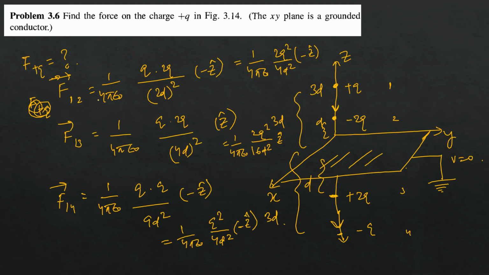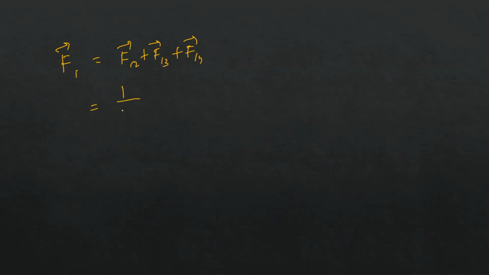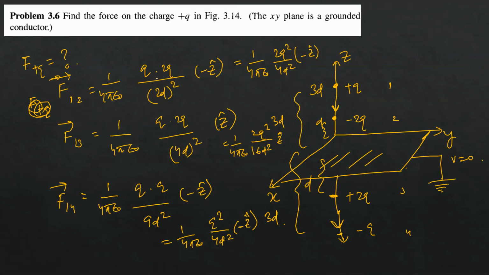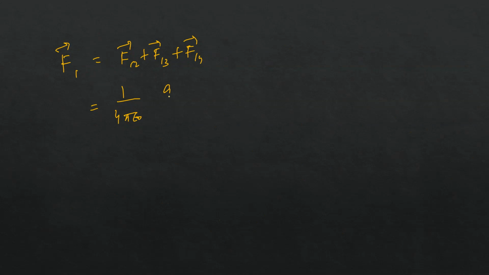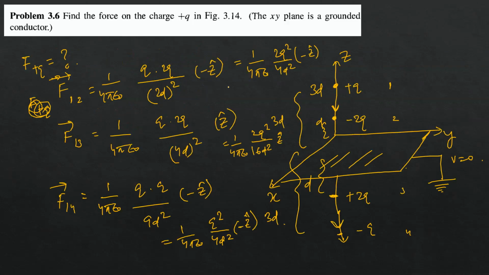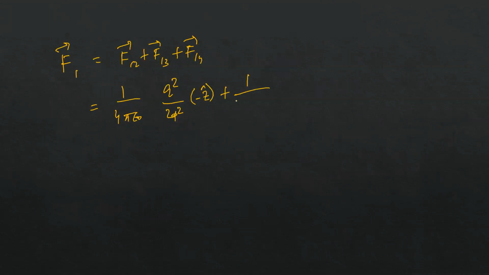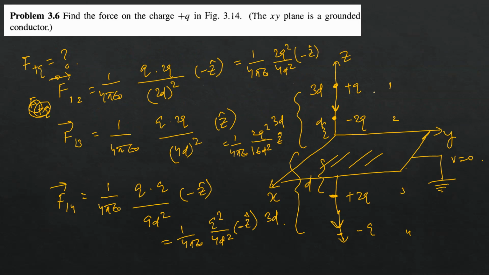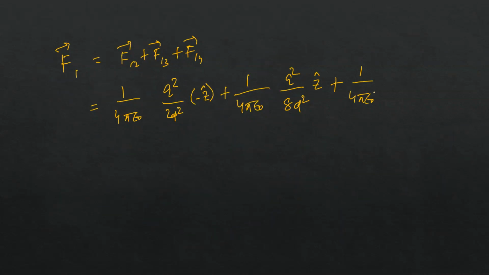That will be 1 by 4 pi epsilon naught 2q square by 4d square, that means q square by 2d square, minus z cap, plus 1 by 4 pi epsilon naught q square by 8d square, z cap, plus 1 by 4 pi epsilon naught q square by 4d square, minus z cap.